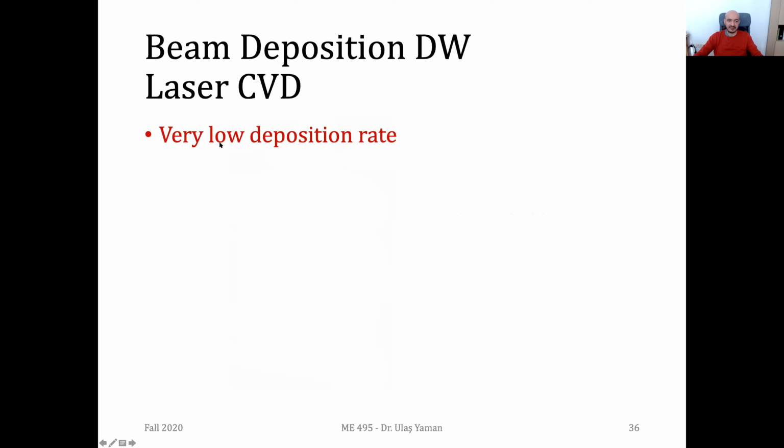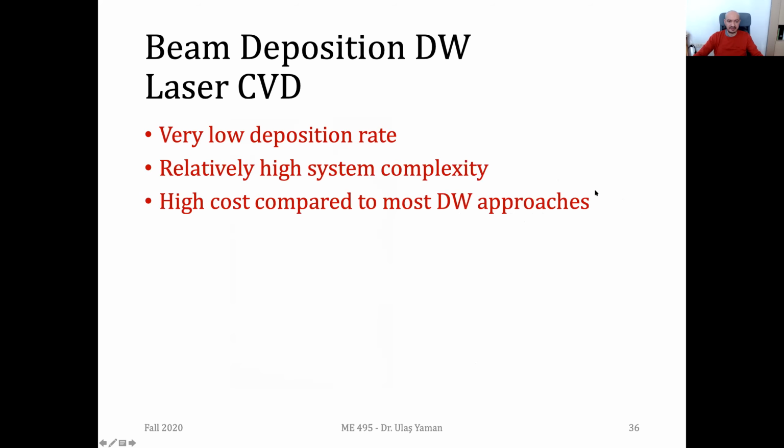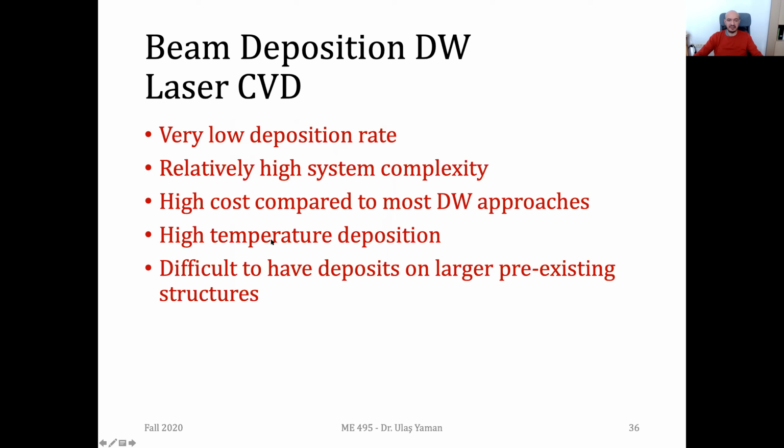The disadvantage is that the deposition rates are not high. We have low deposition rates, and the system is quite complicated and expensive. We don't have commercial systems, and the temperature is higher in most cases, depending on the material. For most materials, we need high temperatures to deposit the materials on these small substrates.